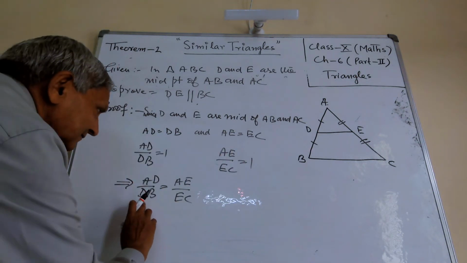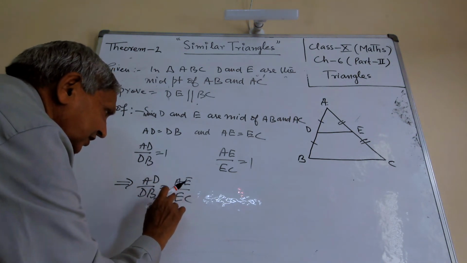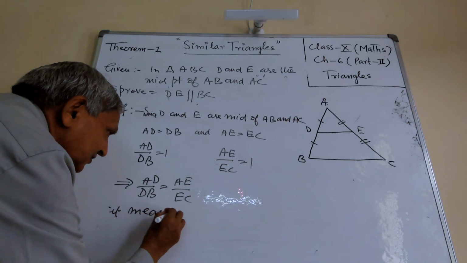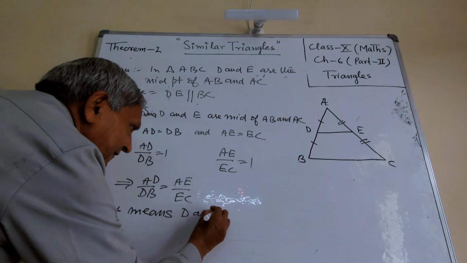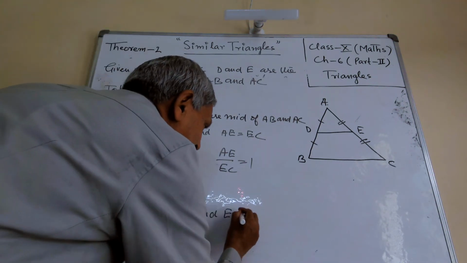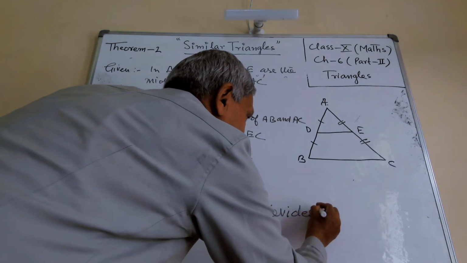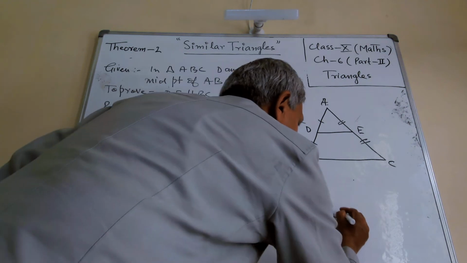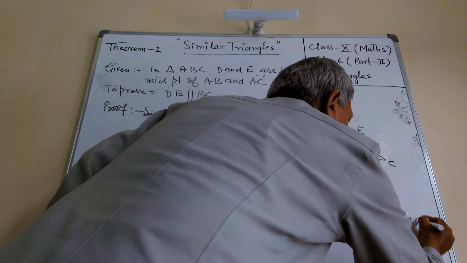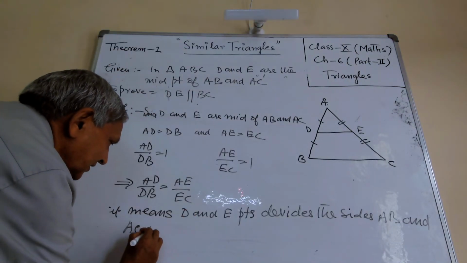When AD upon DB is equal to AE upon EC, it means D and E points divide the sides AB and AC in the same ratio.